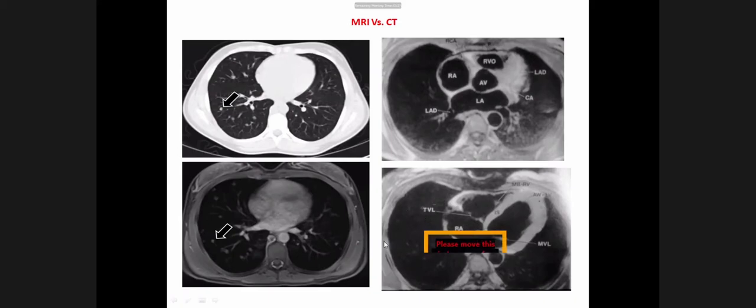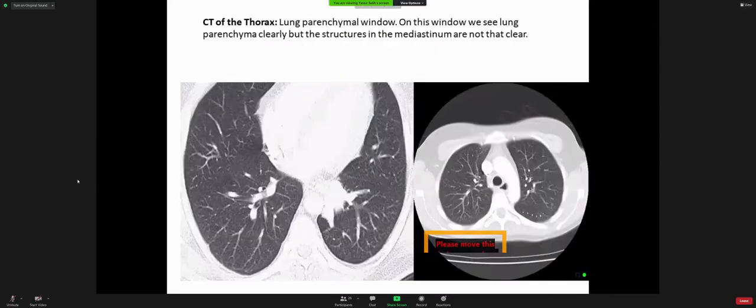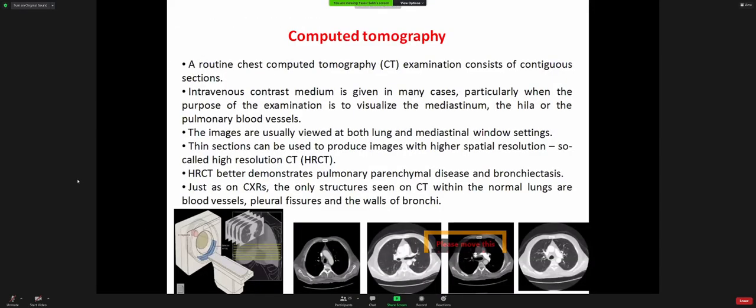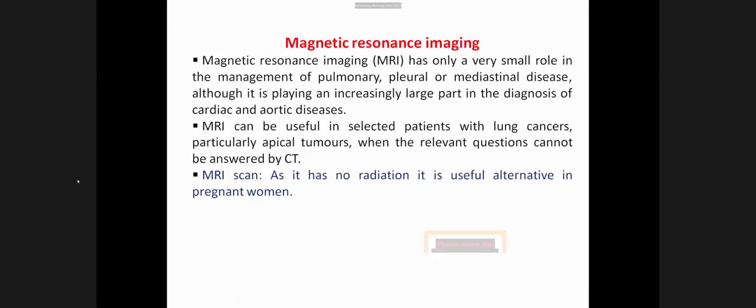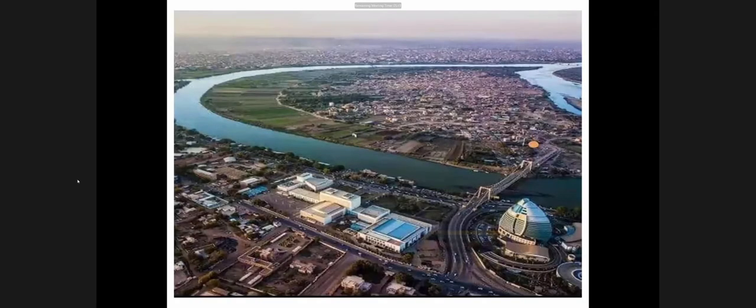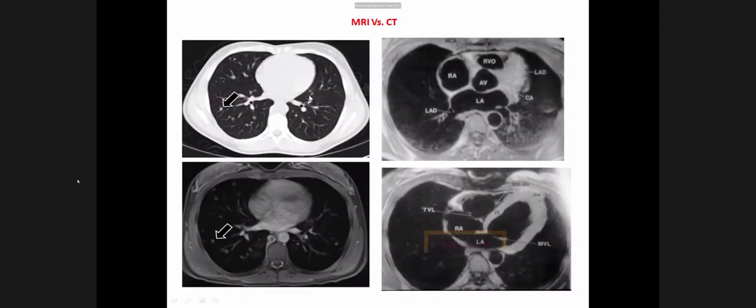Doctor, I mean about the plane. Is it axial for the right one? All these are axial. Okay. Yes. Doctor, fortunately, there is no sagittal or coronal section in all this slide. All are axial or transverse.